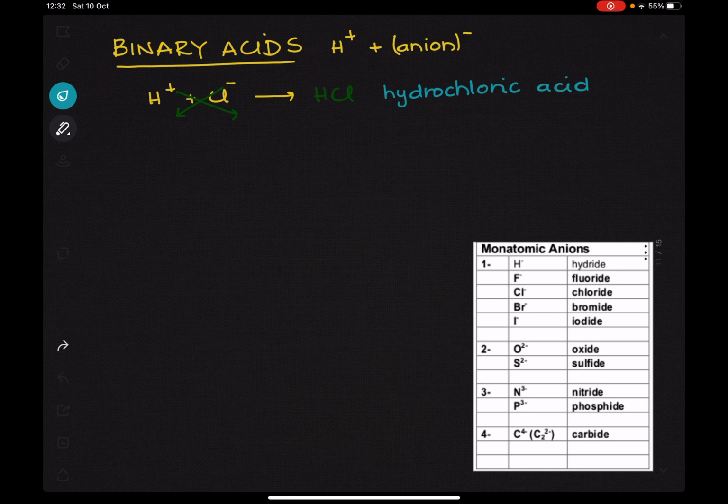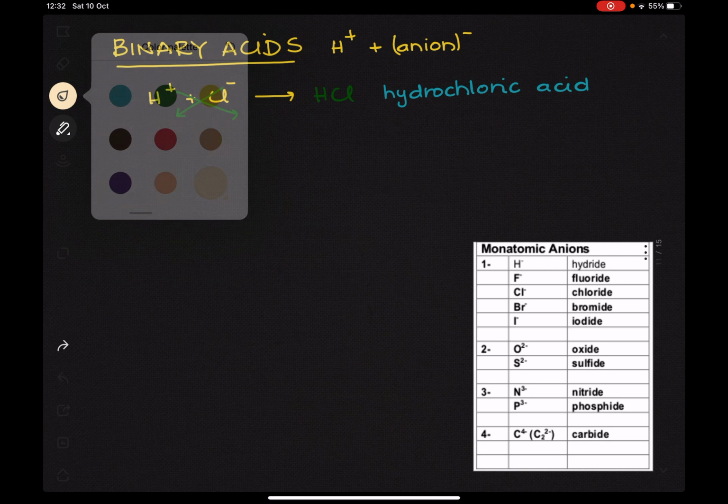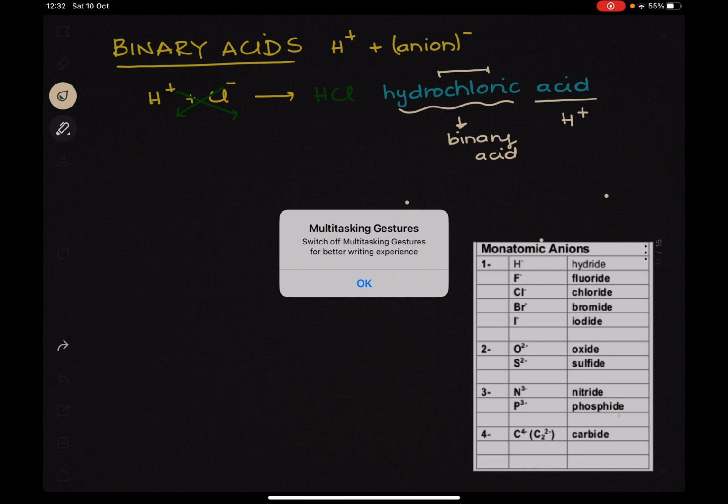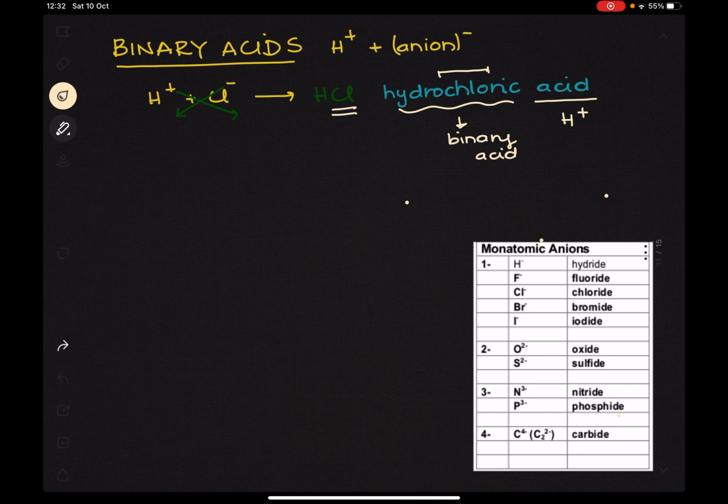So let's see which is which. In this hydrochloric acid, the acid part is the hydrogen, of course, and the hydro means that it is a binary acid. And you'll see why when we name the oxoacids. So it's the hydro, it's the chloro, because it's the element that we have here, and the ic part.